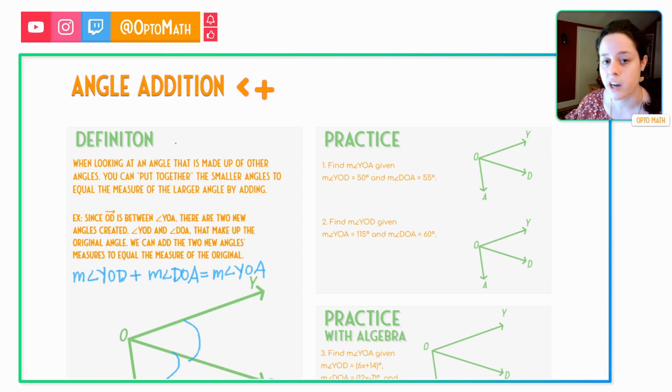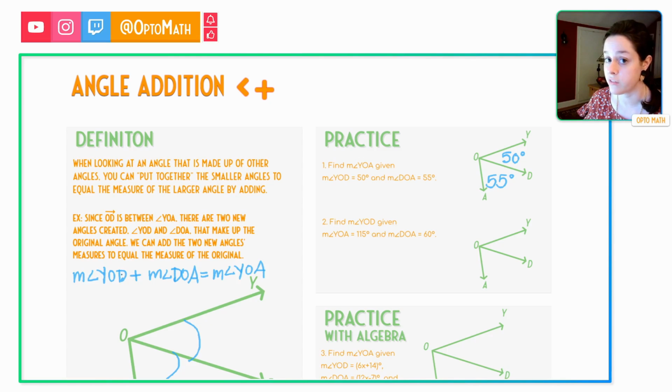First, let's start with some practice with just some numbers. Number 1 says find the measure of YOA given the measure of YOD is 50. So let's go ahead and draw that in there. And the measure of DOA is 55. Remember, with whatever given information you have, always draw a picture or fill in that information in your given picture. So this is exactly what we just wrote over here in our example.